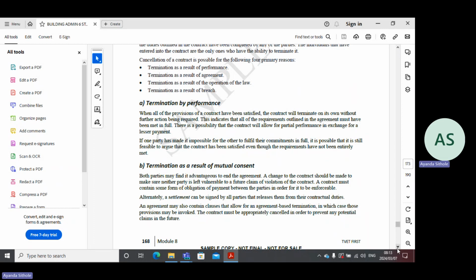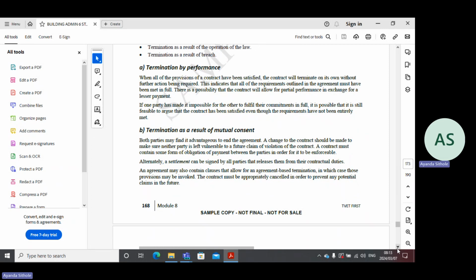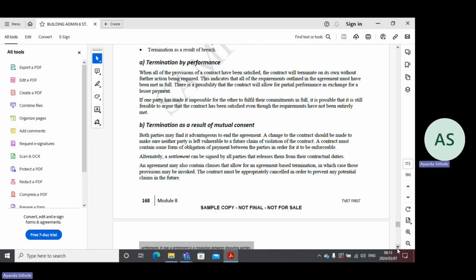And then number B is termination as a result of mutual consent. Okay, let's see what termination as a result of mutual consent means.